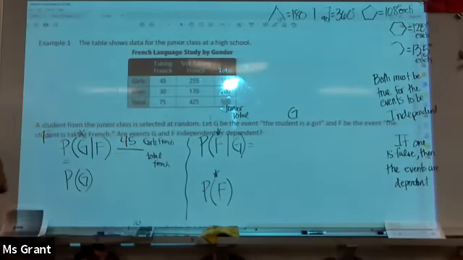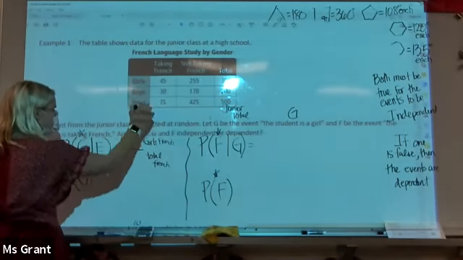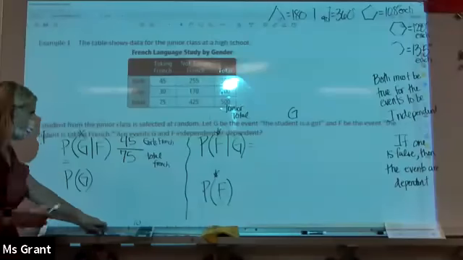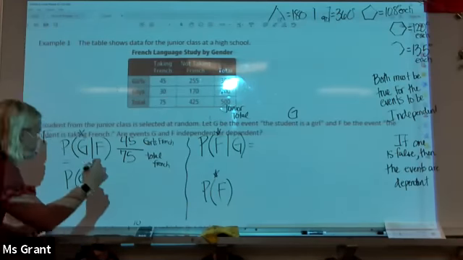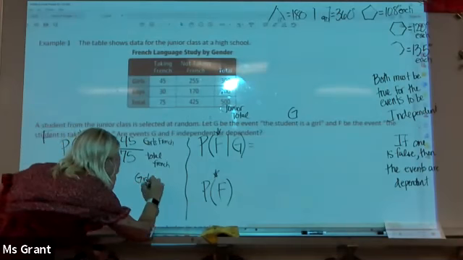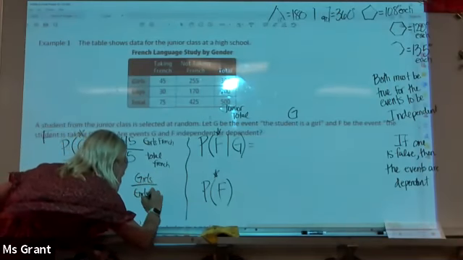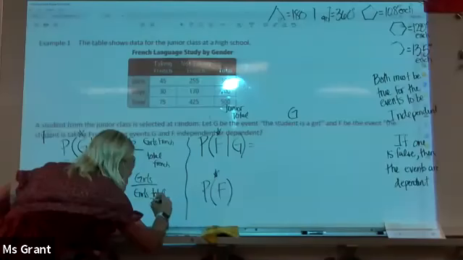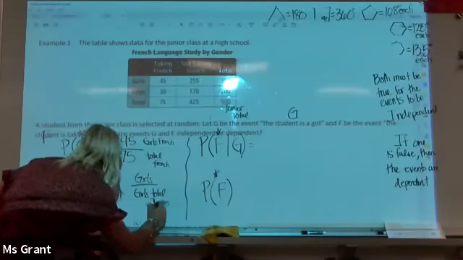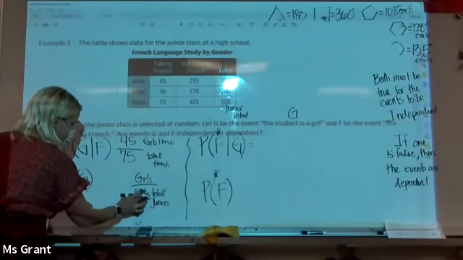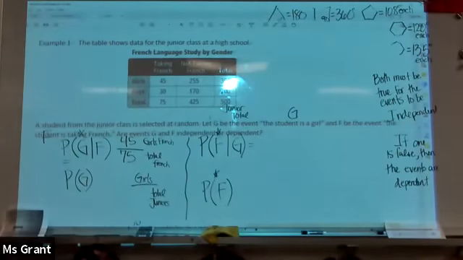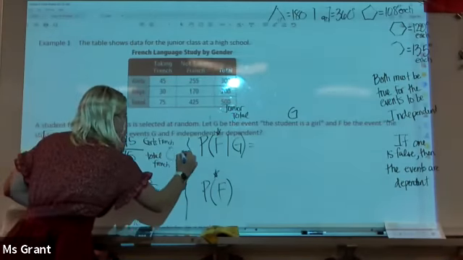The total French in the juniors, 75. What's that decimal division? 0.6. Great.